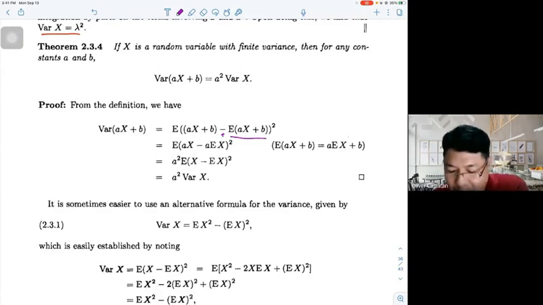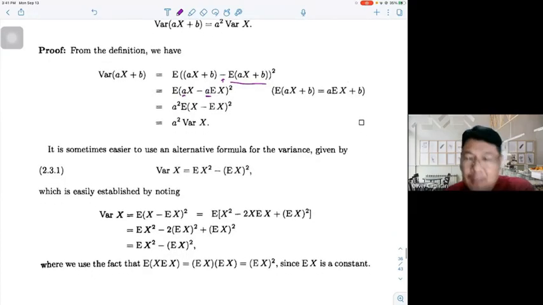So what remains in our expression inside the expectation, we have ax minus a times the expectation of x, quantity squared. And then if we're going to factor out a from this, ito a, common, no? Common naman yan. And then the square of that, so we have a squared, the expectation of x minus the mean of x, quantity squared. And then by definition, this expectation is equal to the variance of x.